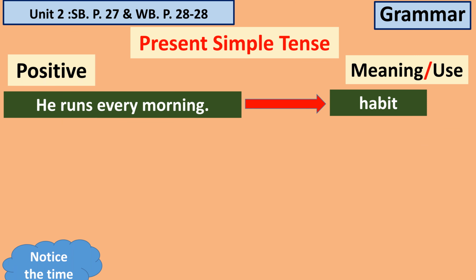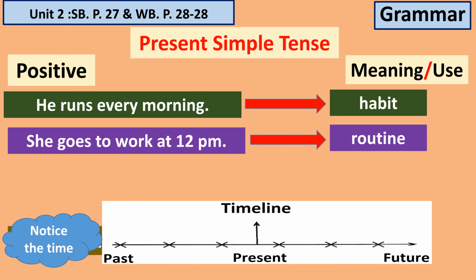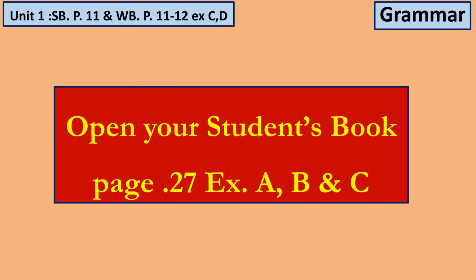We use it to talk about habits and routine and, yes, about permanent state. We are going now to differentiate between present simple and past simple, as it's mentioned in your student book page 27.